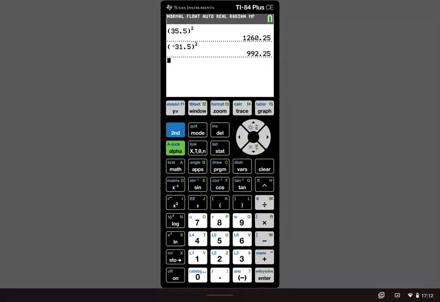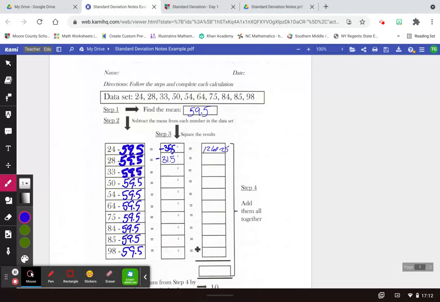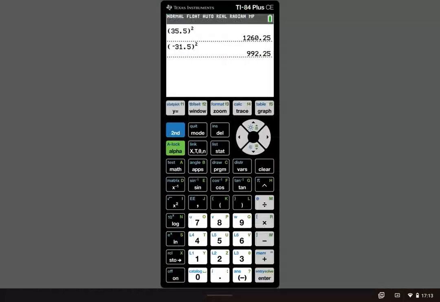All right, so you come up with 992.25. Okay, same thing, 33 minus 59.5. That gives you an answer of a negative 26.9.